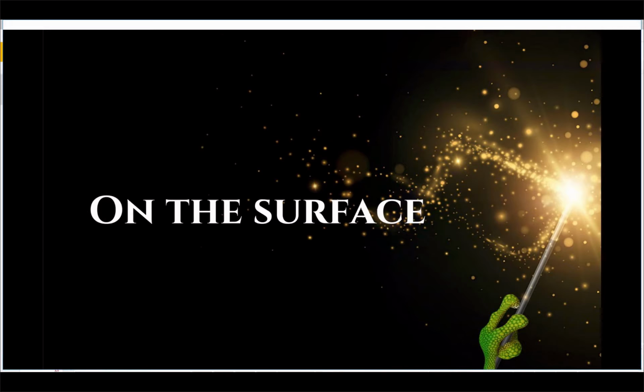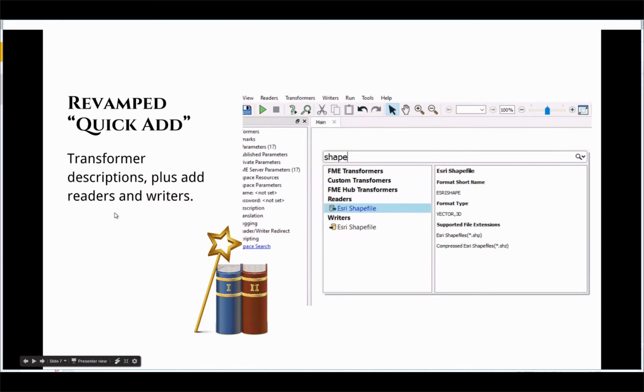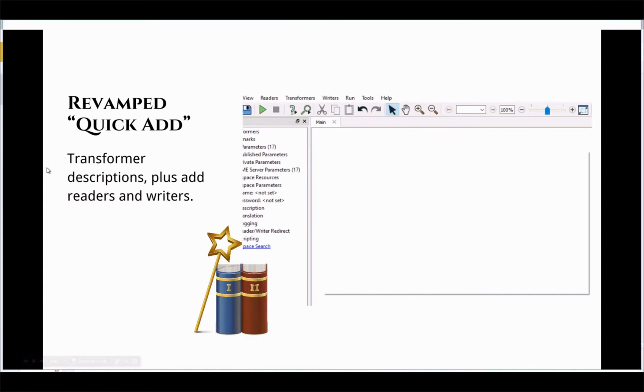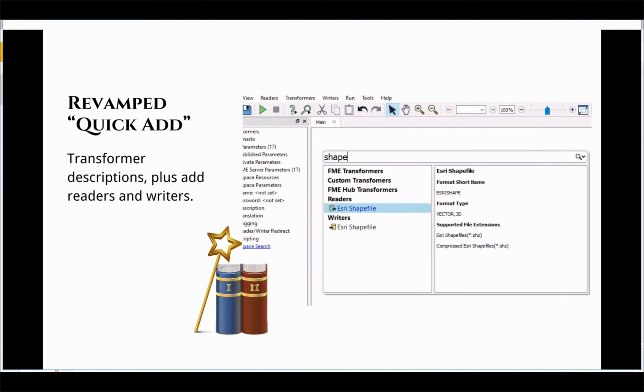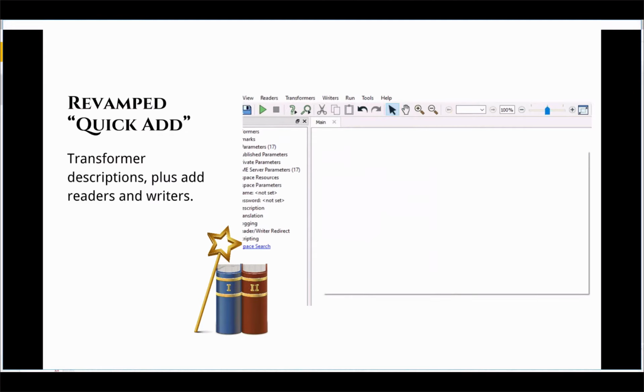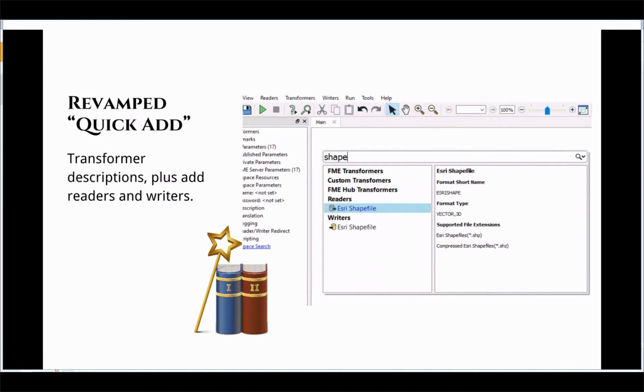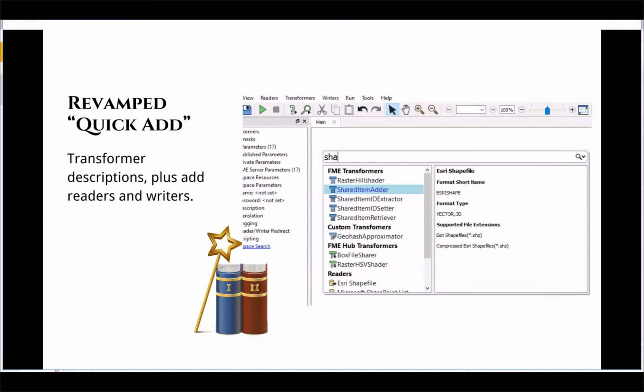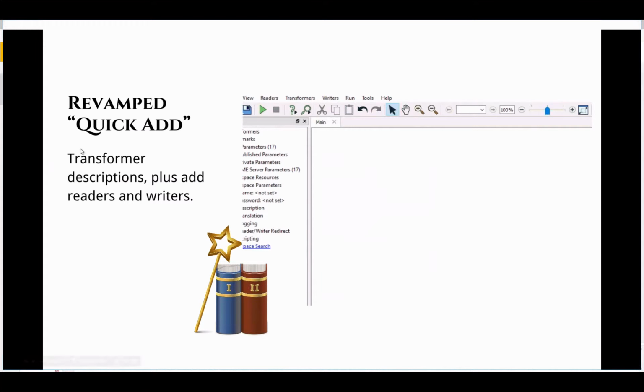For example, we've redesigned the quick add window, and that's not anything particularly complicated, but the new ability to add readers and writers that way by using quick add is going to be very welcome. It's a good time saver, I think, especially to users who like to just type commands directly on the keyboard, and you know who you are if you're one of the keyboard people. So yeah, revamped quick add, and we'll look at that in a second in the demo.